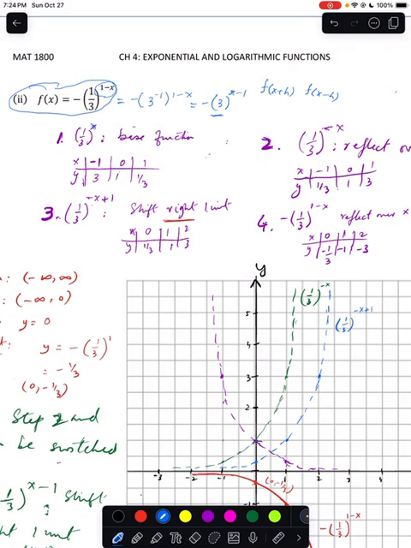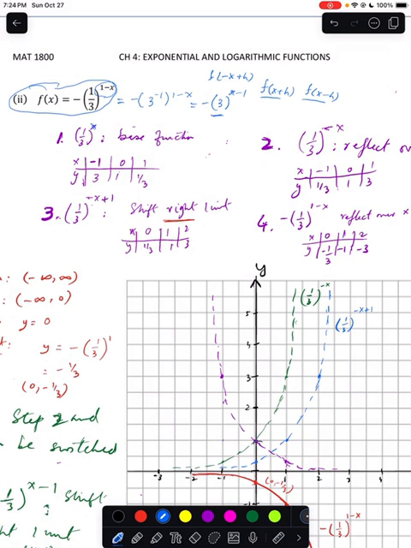But if you have f of negative x plus h, remember the rule applies when something is added to x or subtracted from x, not to negative x.